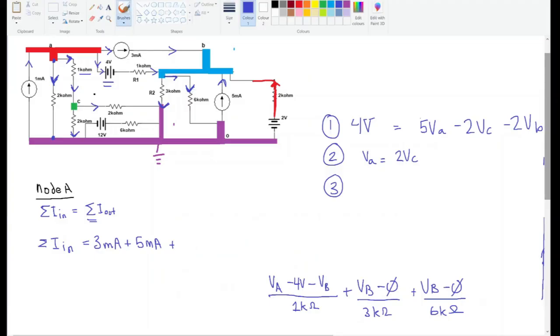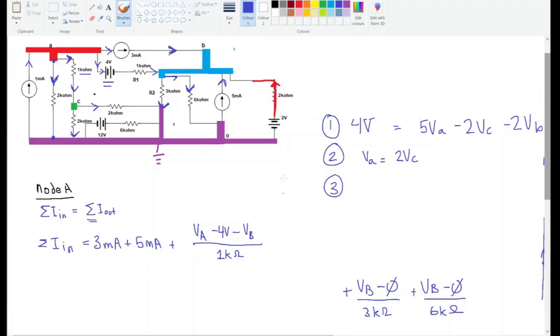Let's look at the currents entering node B. There's this one, 3 milliamps. There's this one over here, which is VA minus 4 and so on. Okay, so I got mixed up. This current is accounted for now. We've got the 5 milliamps accounted for, and we need to account for this current also coming in.